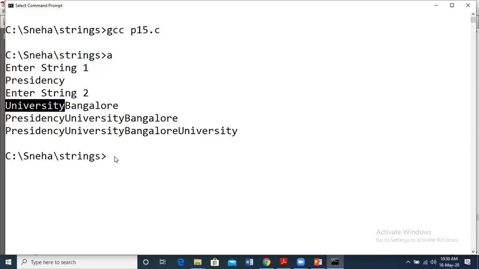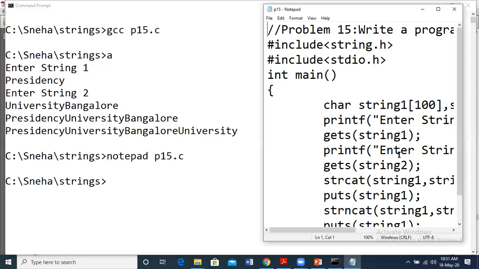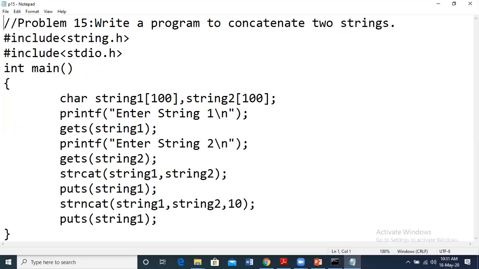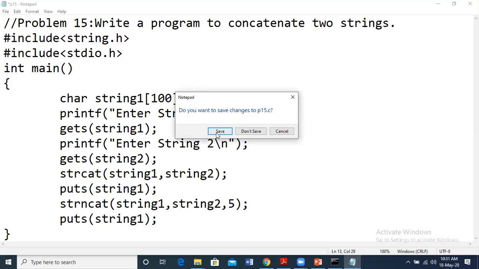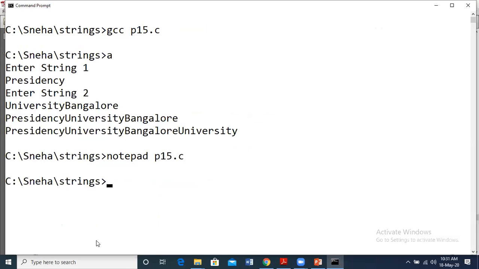Say we change this, right? Let us say we don't want 10 letters. So here we have the program. So let us give 5. What happens? Now what should happen? So if we have given n value as 5, right?